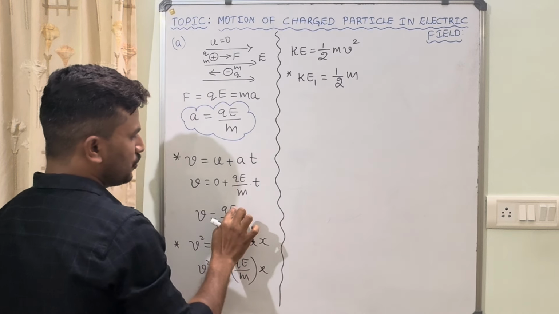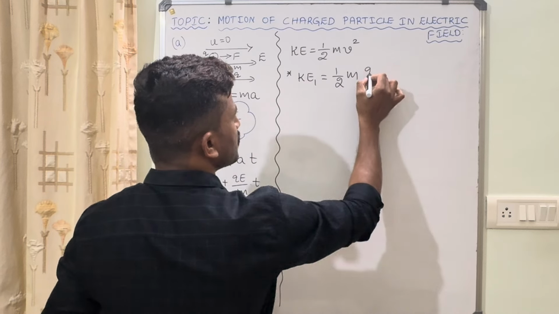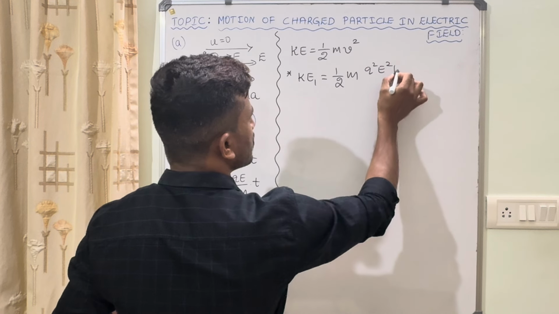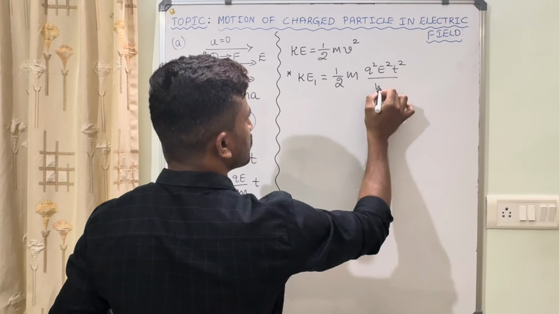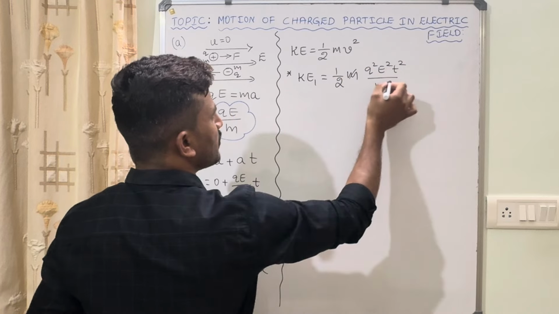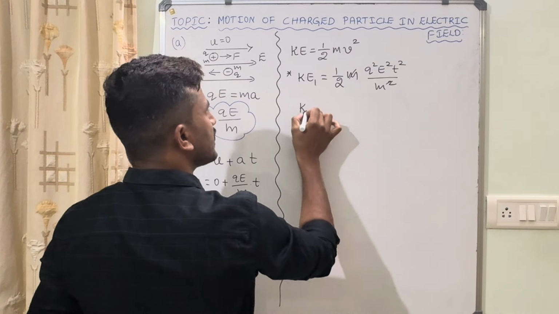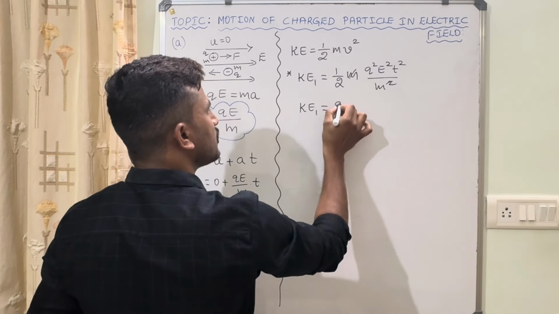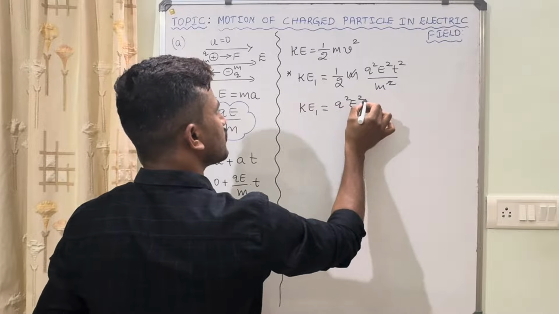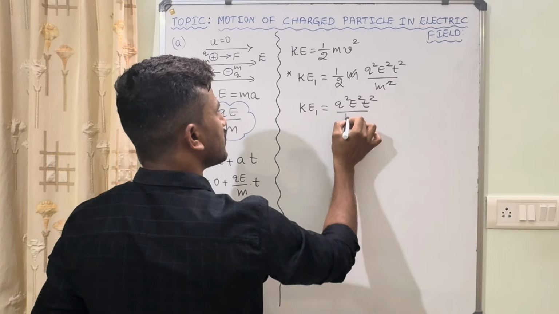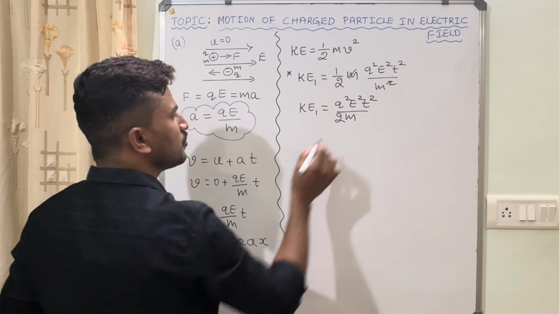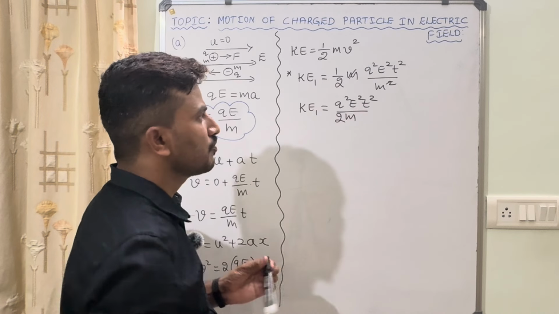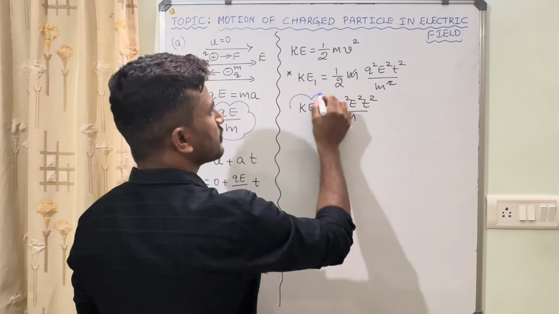What is V? QET by m. So, that becomes Q square E square T square by m square, because V square is there, m gets cancelled. So, kinetic energy in terms of time is given by Q square E square T square divided by m along with 2. This is a very important formula for competitive examination.